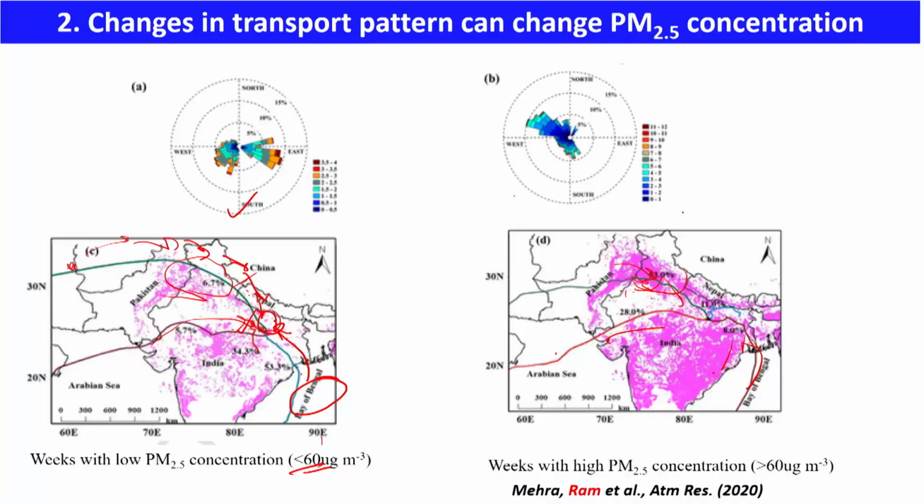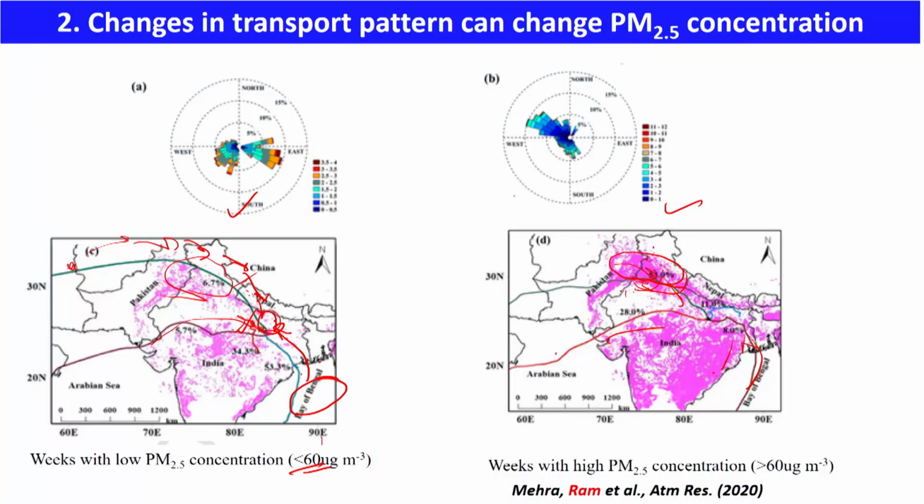We need to understand that, and this becomes very important, because policy making is not only measuring the concentration, it's also important how these are varying. For example, in the second case, suppose we know beforehand that in this month the winds will mostly be from the western part of India.